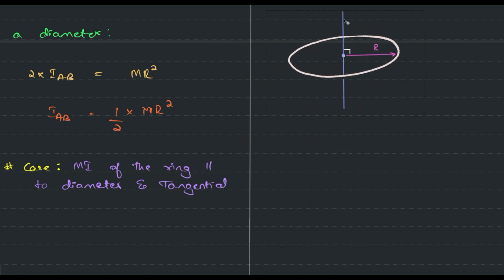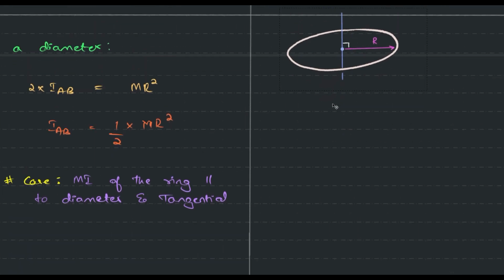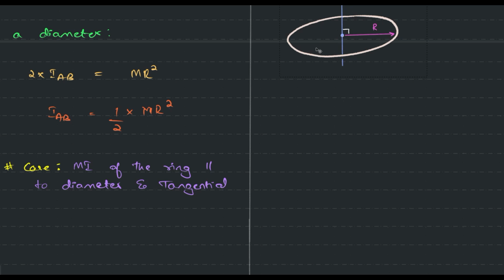Space is what I don't have. Okay, manageable. So say we have a diameter in this manner and we have a tangent. Let me try to draw one tangent. Remember, these two are parallel to each other.